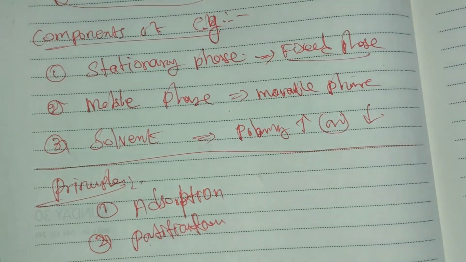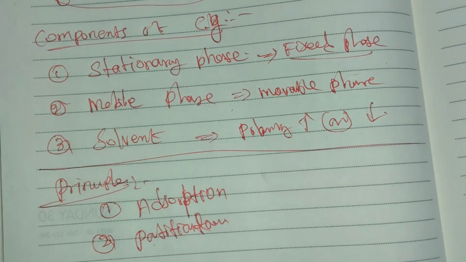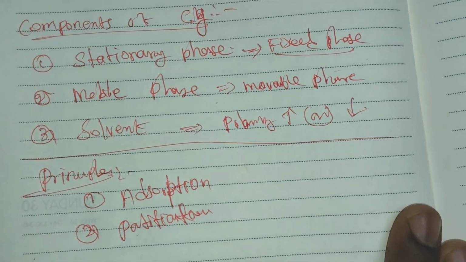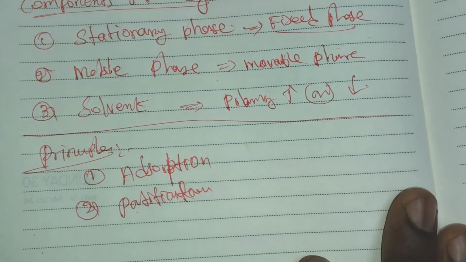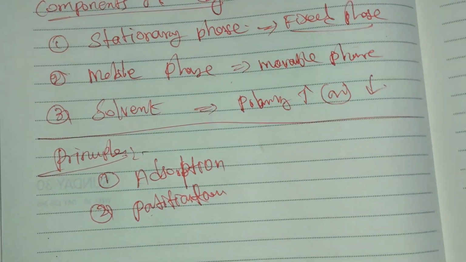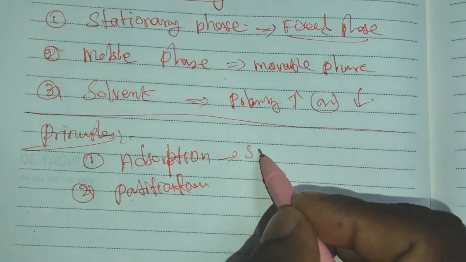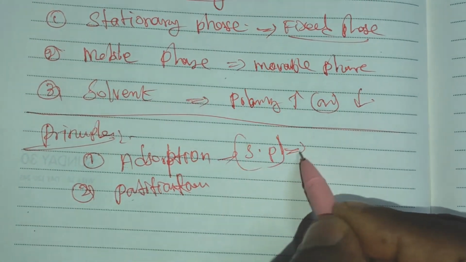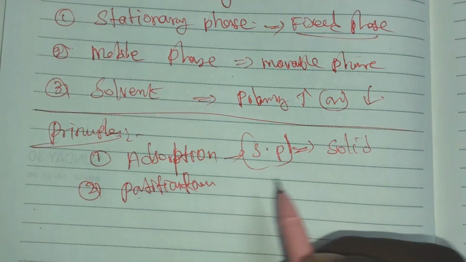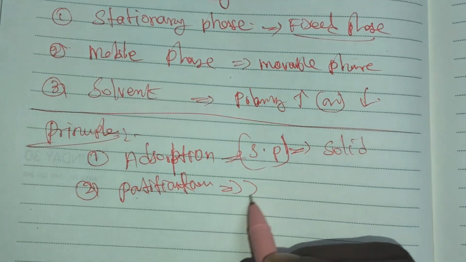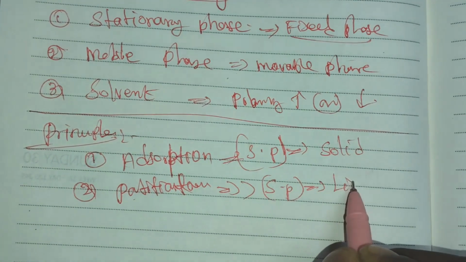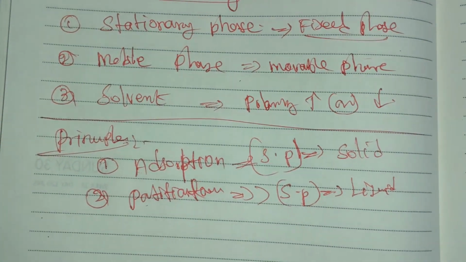So these are the two principles in chromatography. Let's see which chromatography obeys which principle. In adsorption, the stationary phase must be a solid, and in the partition principle, the stationary phase must be a liquid. These two are very important.